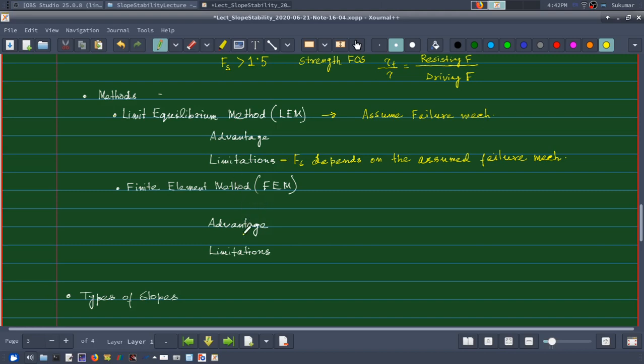Then there is the finite element method. You are already familiar with the method; you must be taking the finite element course also, C5203. In the finite element method, the advantage is that we don't need to assume any failure mechanism.